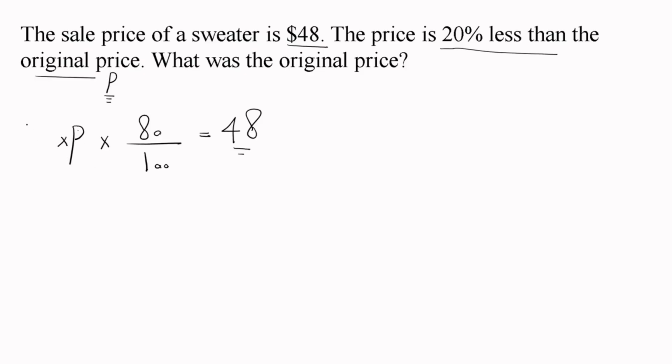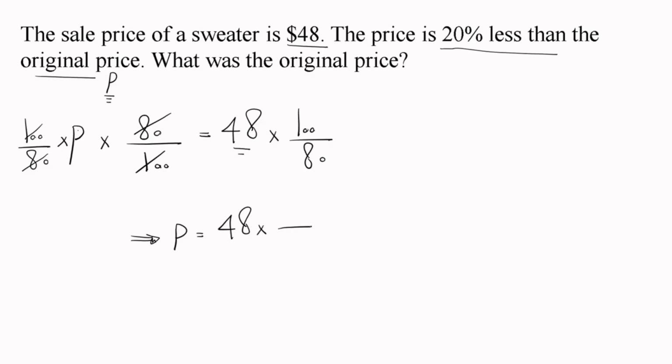The reciprocal of 80 over 100 is 100 over 80. And I must do exactly the same with the second side. These two are going to cancel each other out. These two are going to cancel each other out. I'm going to have P is equal to 48 times 100 divided by 80.